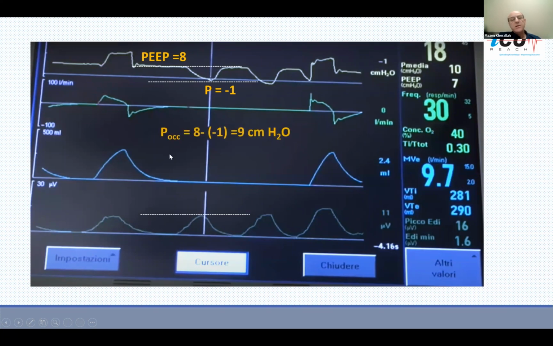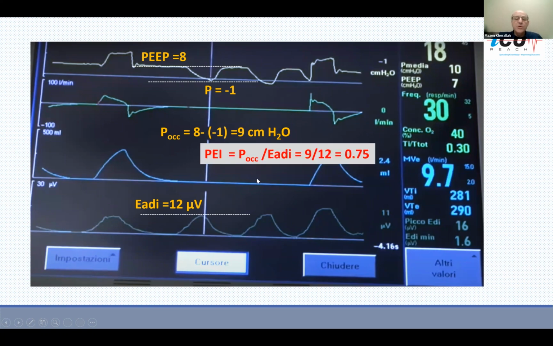So the difference is, the pressure went down to -1 centimeter, so the occlusion pressure is 9 centimeters of water. The electrical activity of the diaphragm, you can see it here, this is 11, but slightly before that, it's 12 microvolts, okay? And you can relate the occlusion pressure to the electrical activity of the diaphragm.